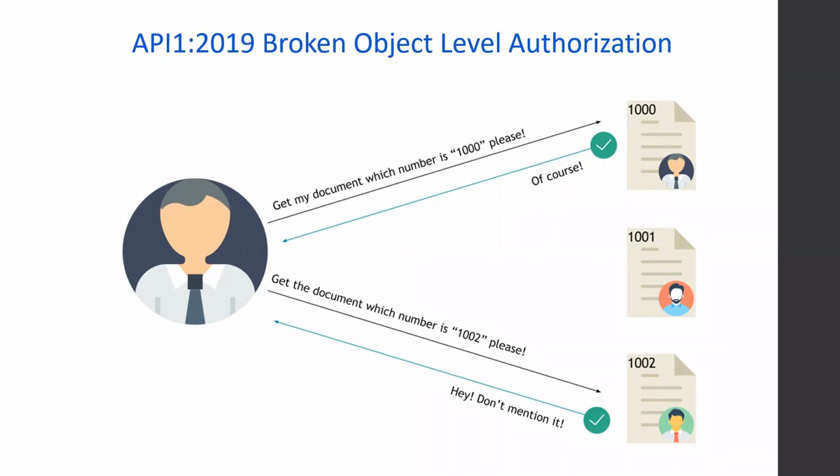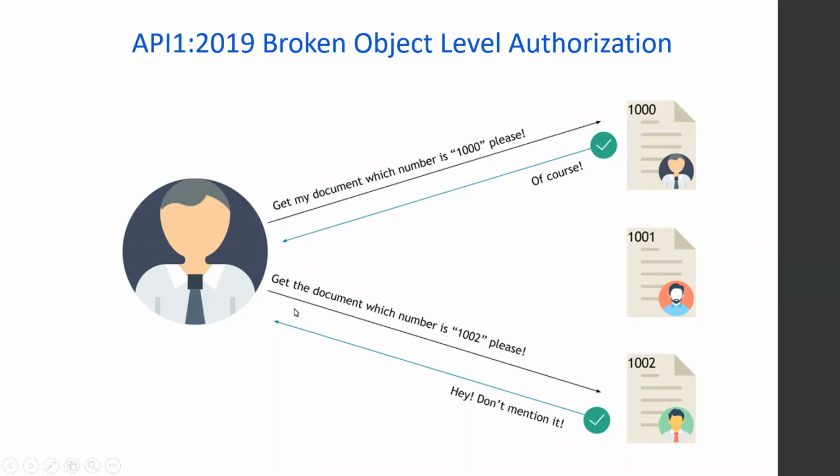So broken object level authorization occurs when data from another object is being read, deleted, updated, or tampered with. So it can be a CRUD operation. Here the diagram explains it very well. It says get my document, number 1000, please. 1000 is just an object ID, a document.